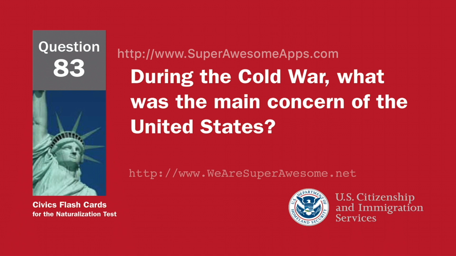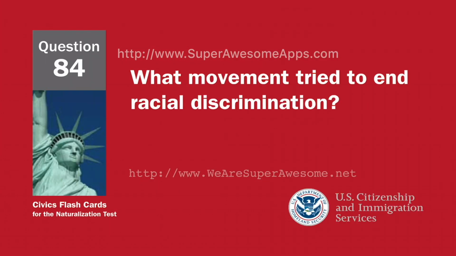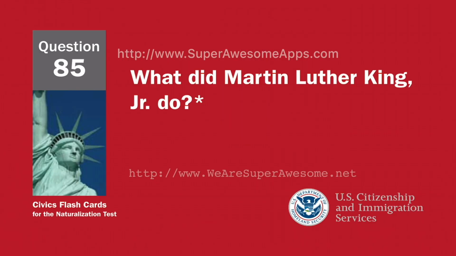During the Cold War, what was the main concern of the United States? Communism. What movement tried to end racial discrimination? Civil rights movement. What did Martin Luther King Jr. do?